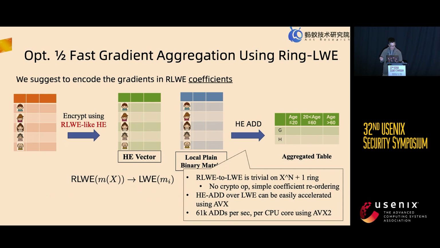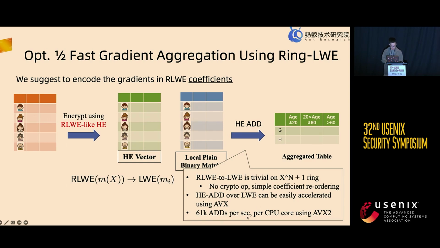One problem is that we have to do the aggregation, so we have to pick up a specific encrypted coefficient to do the add. Luckily, we can do it very cheaply because we are using the power-of-2 ring, so converting from RLWE to LWE is very cheap. And the LWE addition can be accelerated using AVX, very simple.